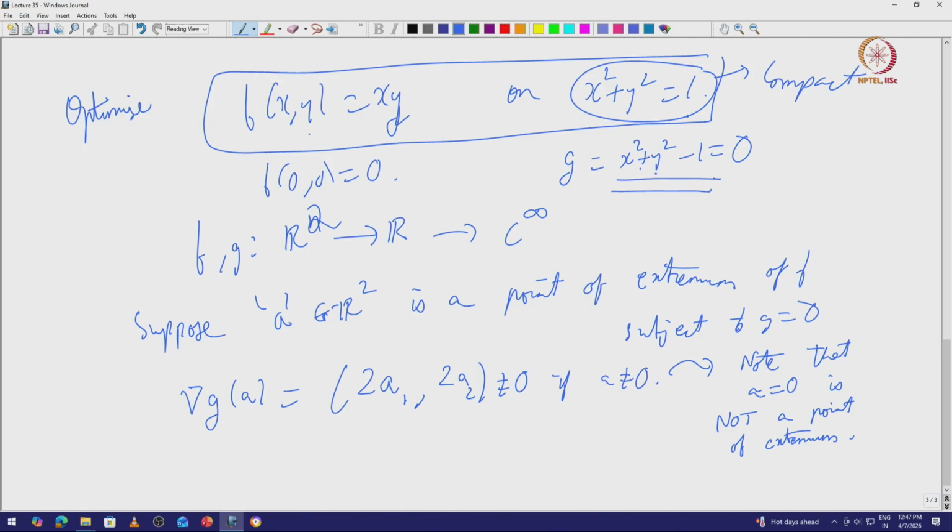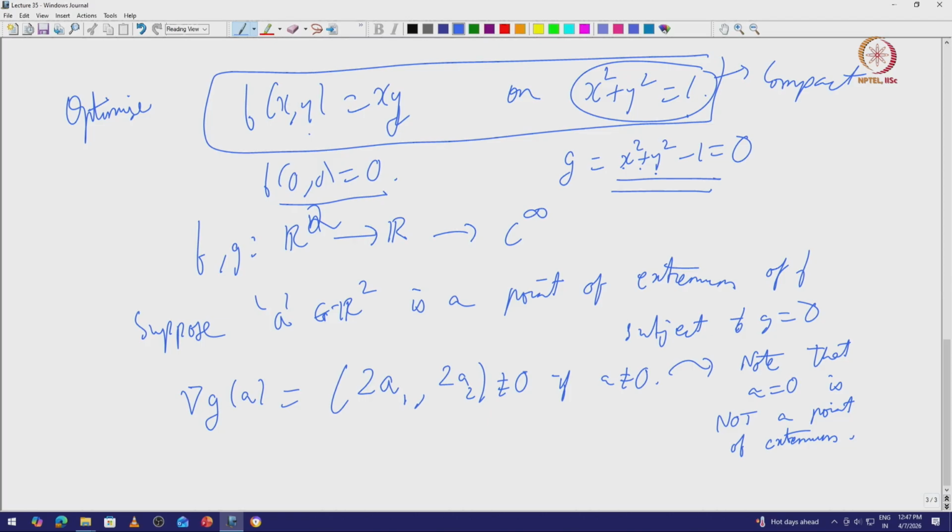And x squared plus y squared can be equal to 1, right. I mean, that's the other problem. So it's not a point of extremum for two reasons. One is, even if the constraint was not available, (0, 0) is certainly not a point of extremum.